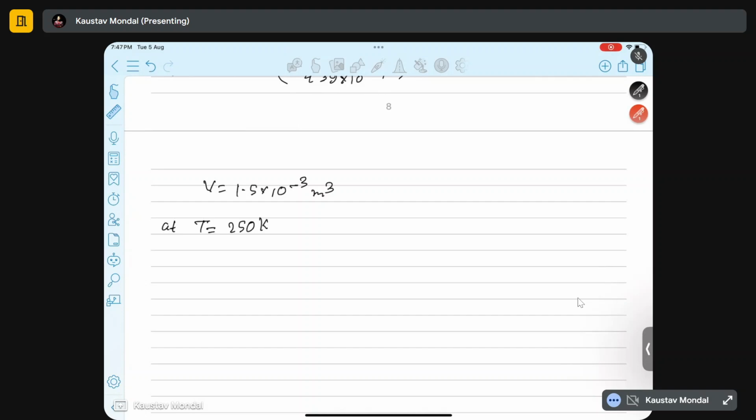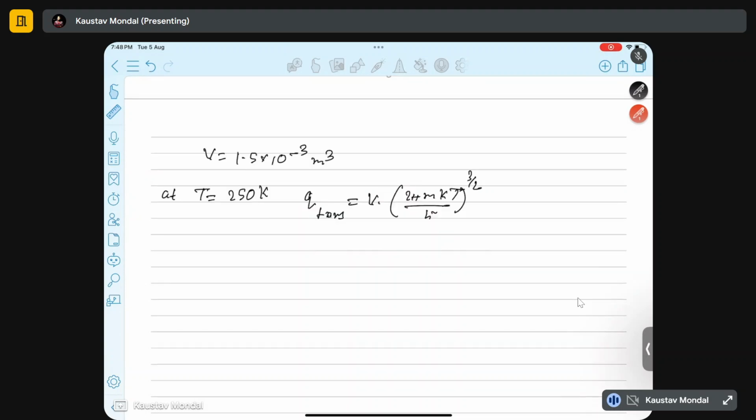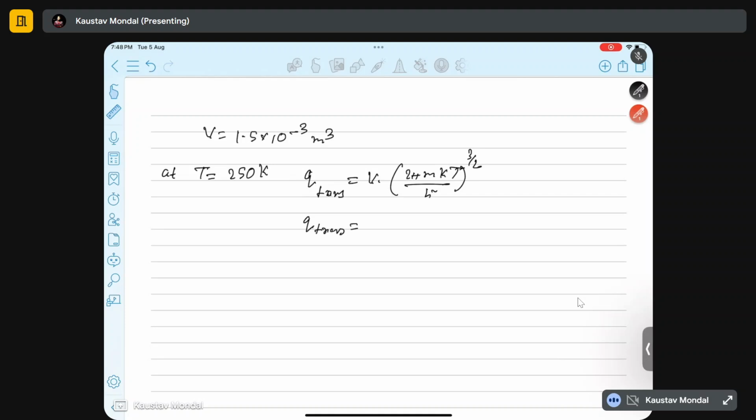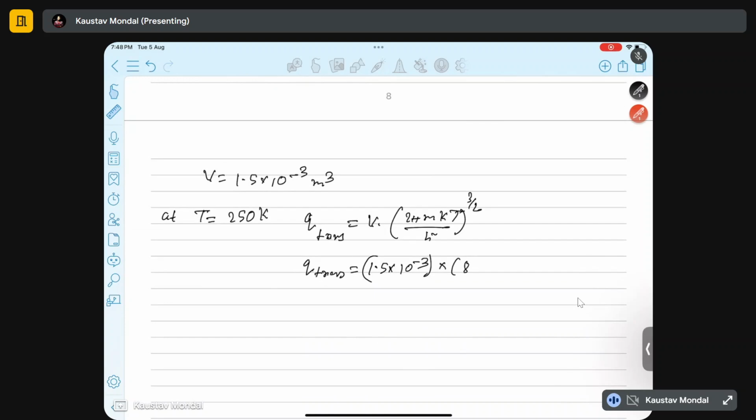If you calculate Q at 250 Kelvin, Q translational would be V times (2 pi m k by h square) to the 3 by 2 times T to the 3 by 2. Now this translational partition function would be in terms of V, 1.5 into 10 to the power minus 3, and this 8.8 into 10 to the power 27 that you already calculated, and temperature is 250 to the power 3 by 2.